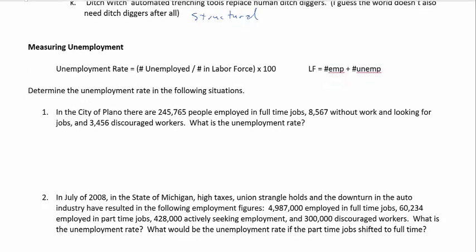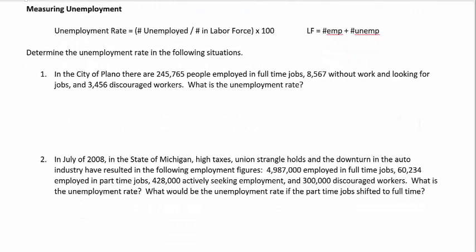Alright, so when we calculate unemployment, first you have to know who is considered unemployed, and that's why we just went through that exercise. To calculate it, you take the number of people that are unemployed, divide by the number of people in the labor force, and then multiply by 100. Special note, the labor force is the number of people employed plus the number of people unemployed. Notice I didn't say the number of people that are jobless. It's the number of people that are unemployed.